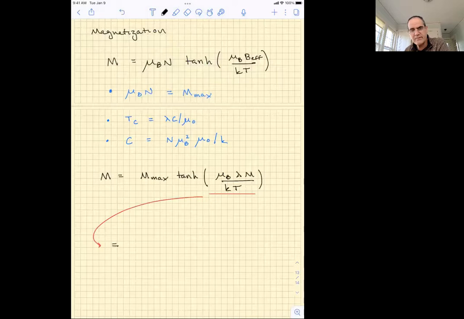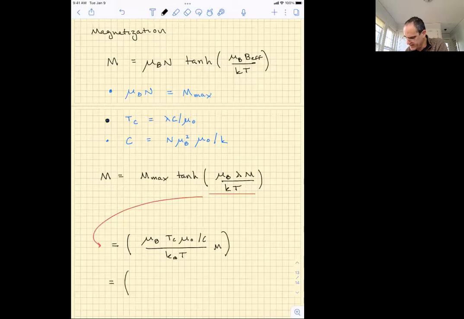But you know, lambda can be written in terms of the Curie temperature using one of the formulas that we've written down a moment ago. So let's write this as mu B, and then we'll write lambda as the Curie temperature times mu naught divided by C. And then in the denominator, we have k Boltzmann times T, and then we have our factor of M.